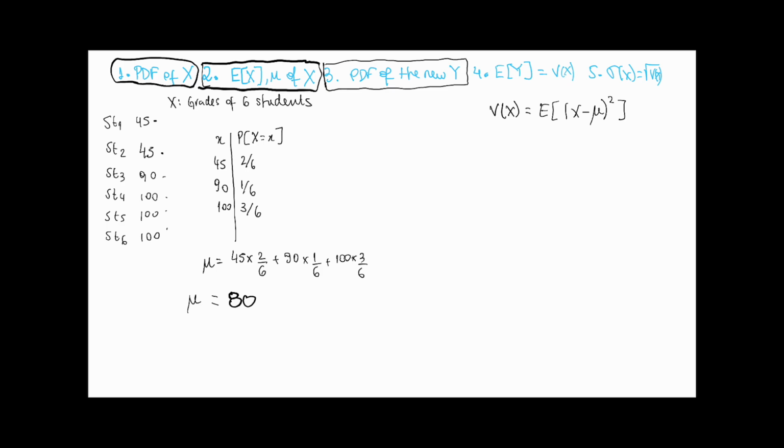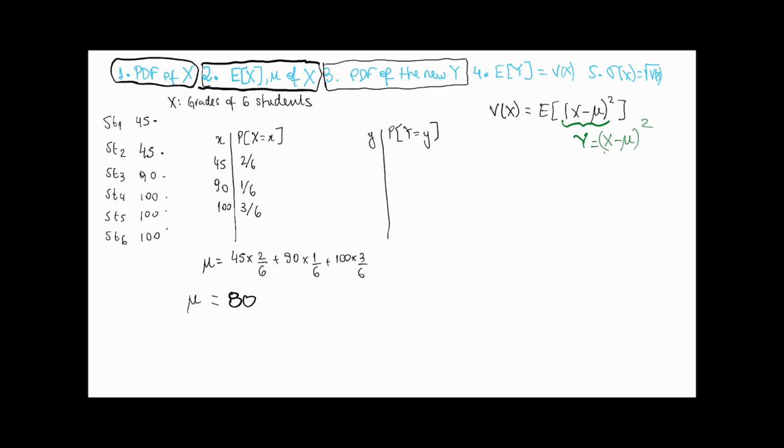So I'm considering whatever is in the bracket a y. I'm calling y equal to x minus mu squared. So I need to come up with the PDF of this new variable. We know how to do that. So I'm going to put y here and p of y.